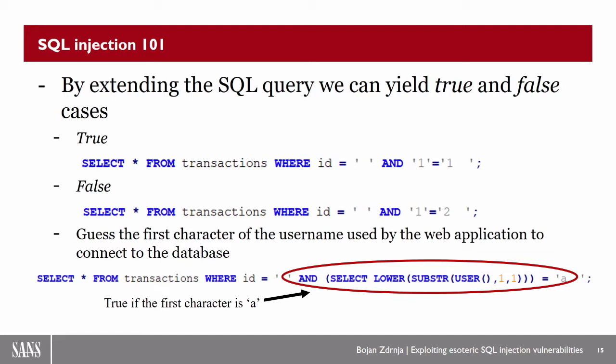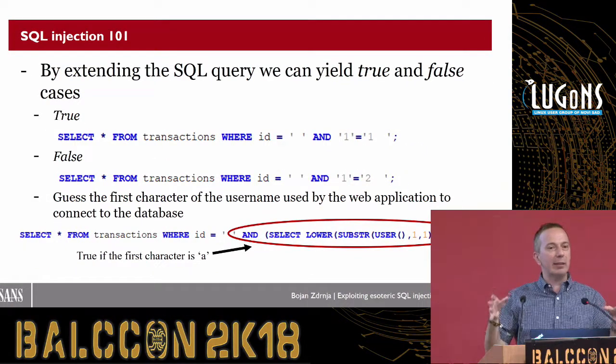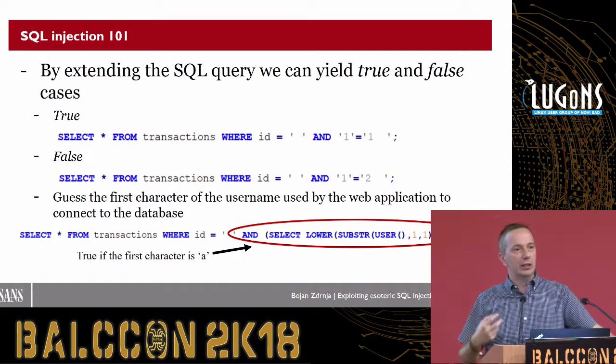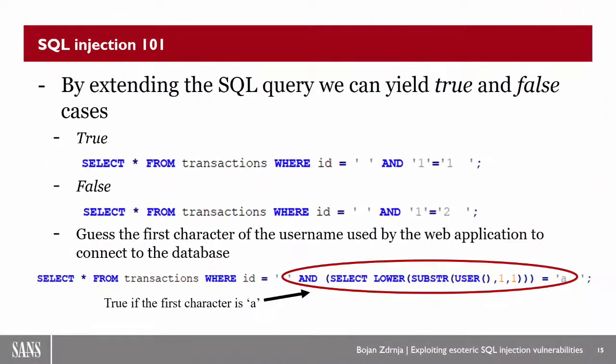So let's try together to extend the right-hand side. Check what I'm injecting here. I'm injecting a subquery which says select lower substring user 1 1. Anyone knows what this will do? It will take the username that the web application is using to connect to the database.